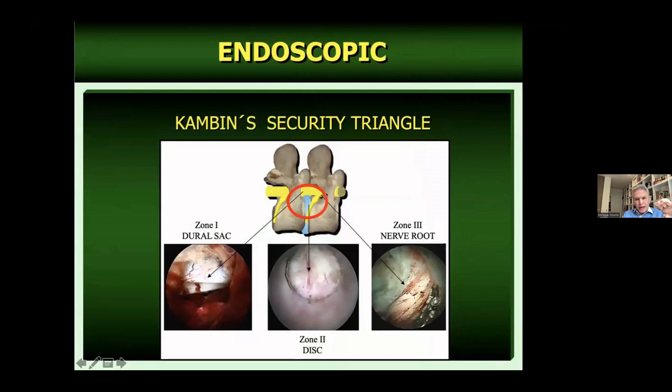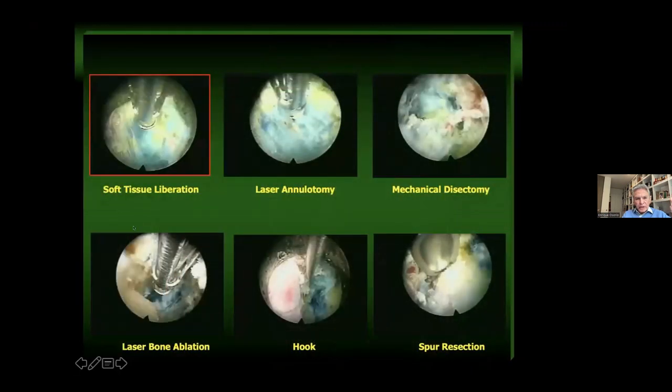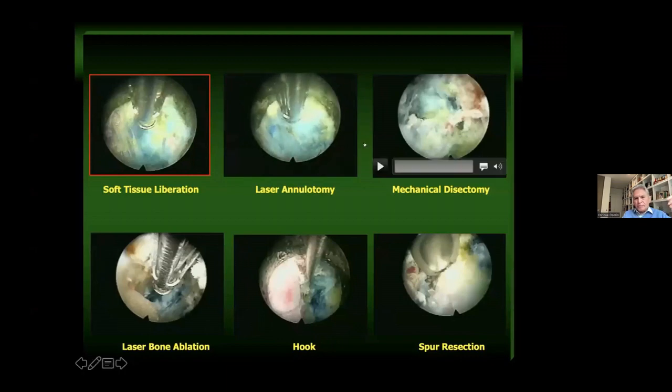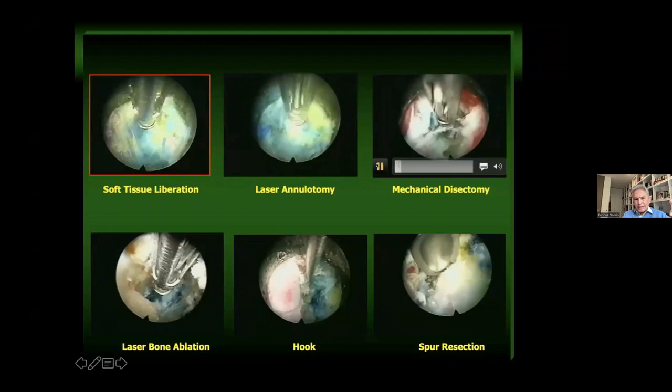And also we have to keep in mind the Kambin security triangle, that in the top we have the dura mater, the root, and in the inferior part, in the center, we have the disc. And we use laser, in this case we used laser for many years, to do the annulotomy and the mechanical discectomy.